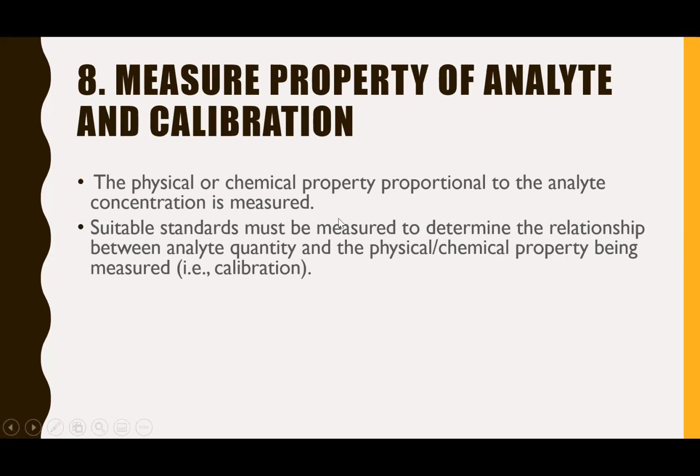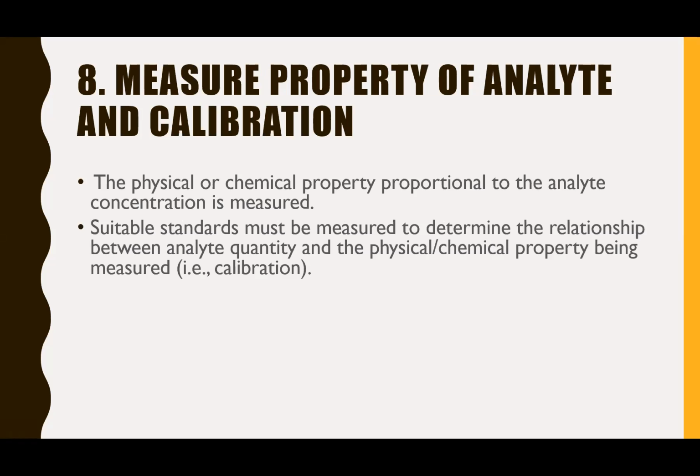And then step 8 is to measure the property of the analyte and calibration. Actually, for number 8, we do calibration of the instrument first, and only then we measure the property of the analyte. Why?